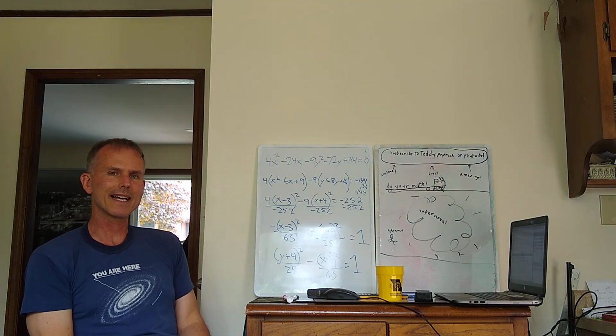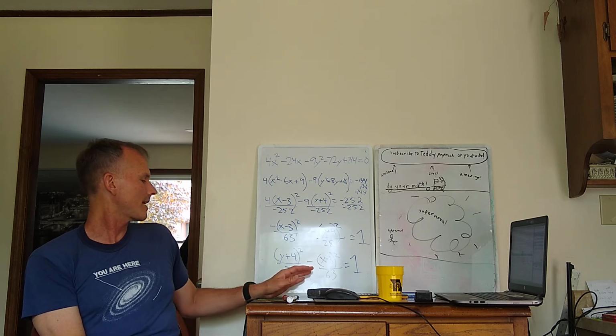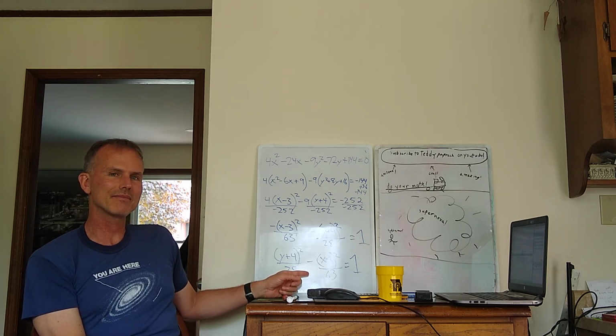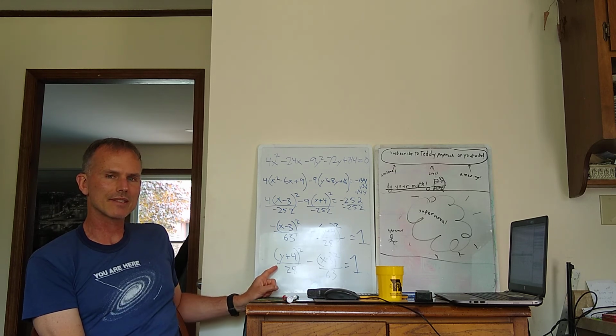Now, the rest of that problem doesn't say graph it, but to answer the questions, you're going to have to graph it. To graph this is probably not a big deal. I can tell it's going to have a vertical transverse axis, just like the example I did in the first video.